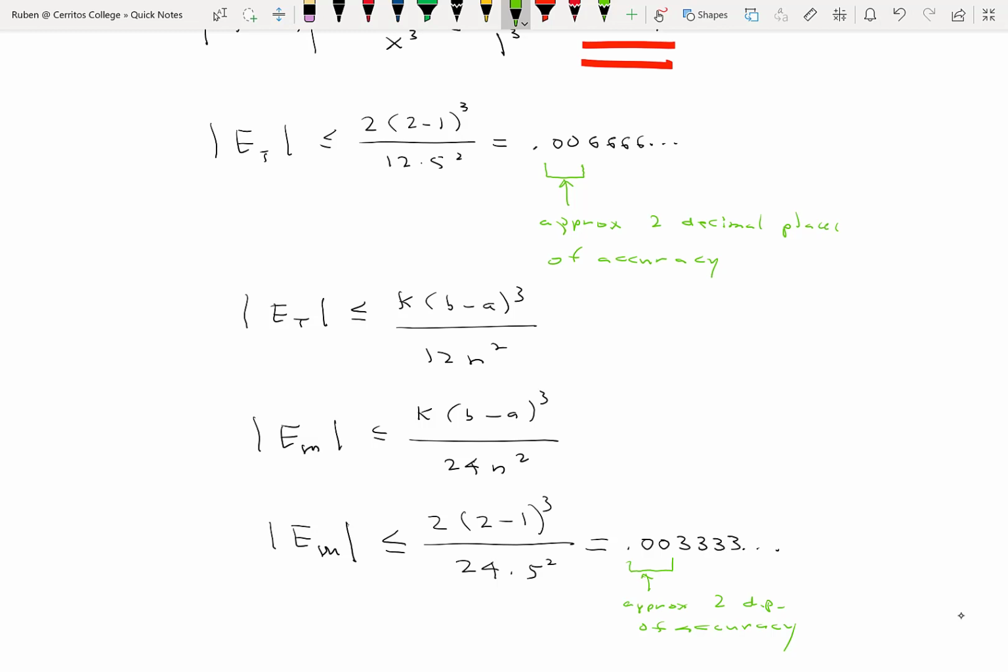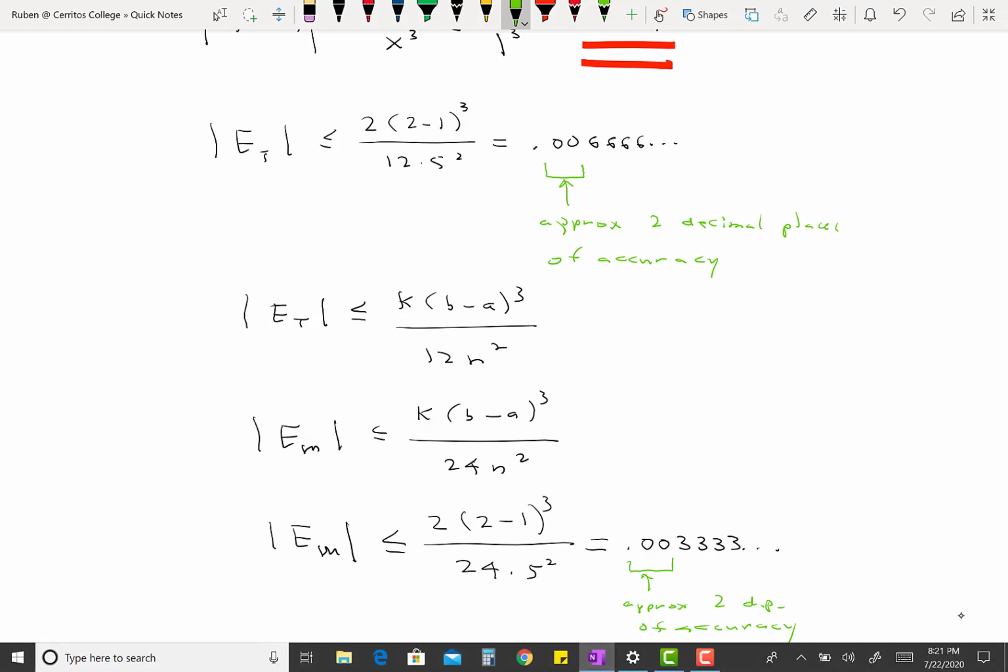So we don't guarantee more decimal places, but in general we got a better rule by 2 times as much for the midpoint rule. Now let's take a look at the magnitude of the error using Simpson's rule.